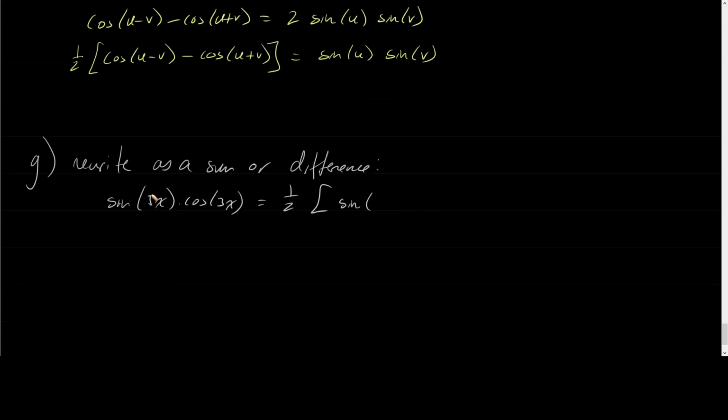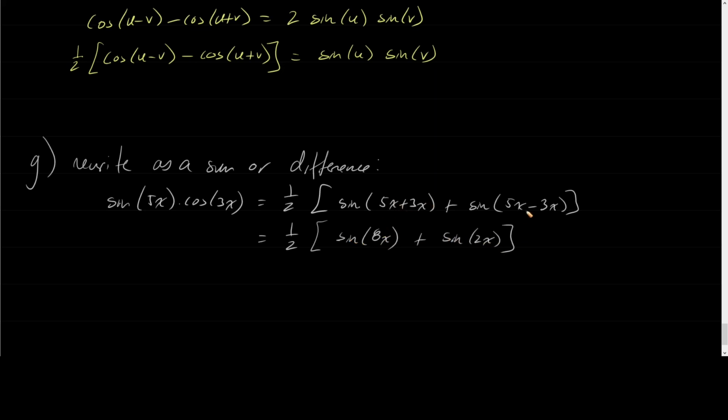So sine of 5x plus 3x, plus sine of 5x minus 3x. Which will give us 1/2 times sine of 8x plus sine of 2x, right? 5 plus 3 is 8, and 5 minus 3 is 2. And now we're done. That's as far as we need to go here.